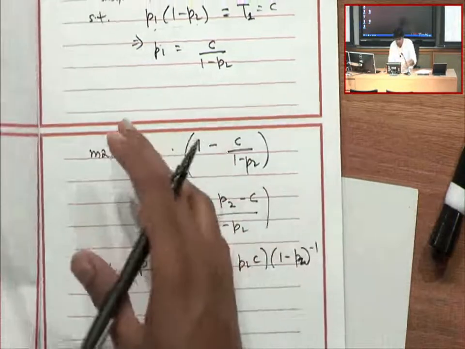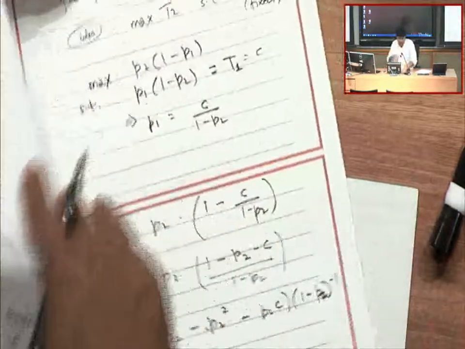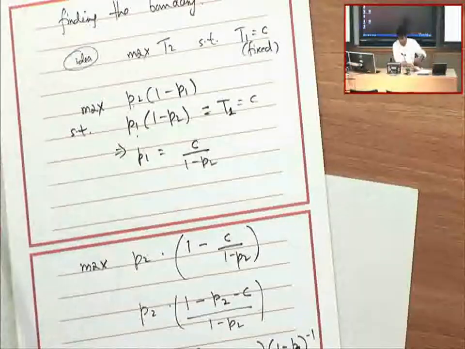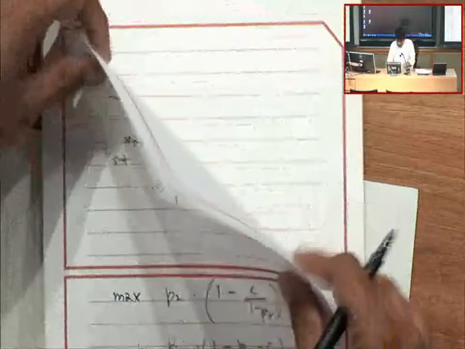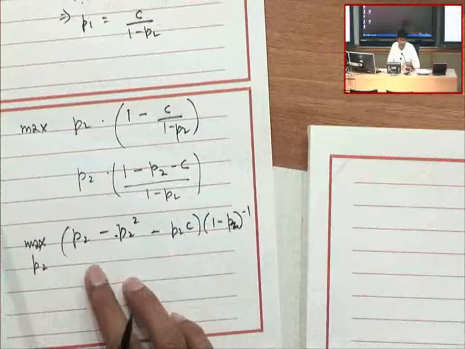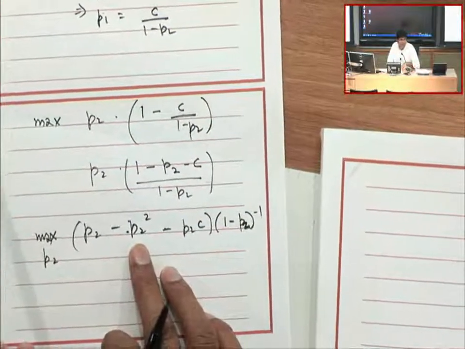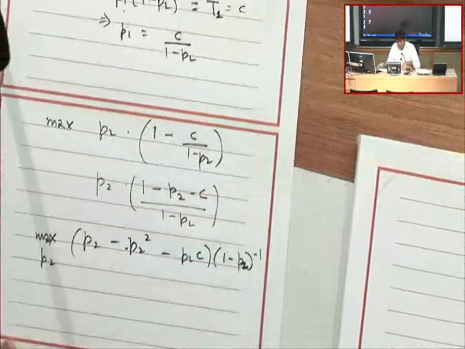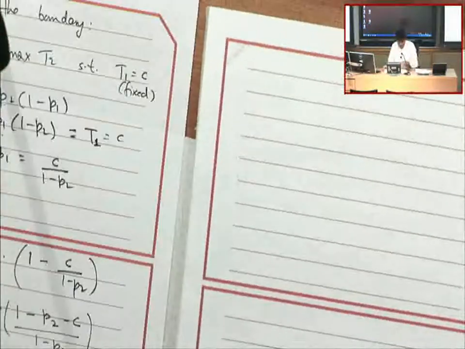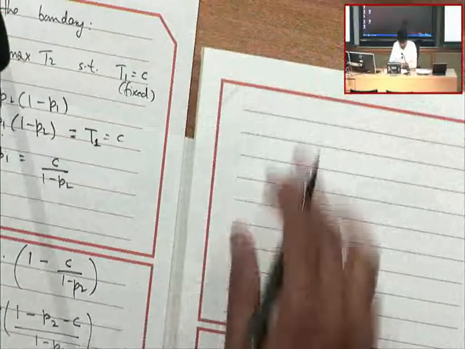Bear with me a second. Let's try the other substitution also and stare at it for a second before we proceed to solve this. Basically, this is an equation in one variable. Taking the derivative and setting it equal to 0 would tell us P2. Let me see if it simplifies if we took the other substitution.